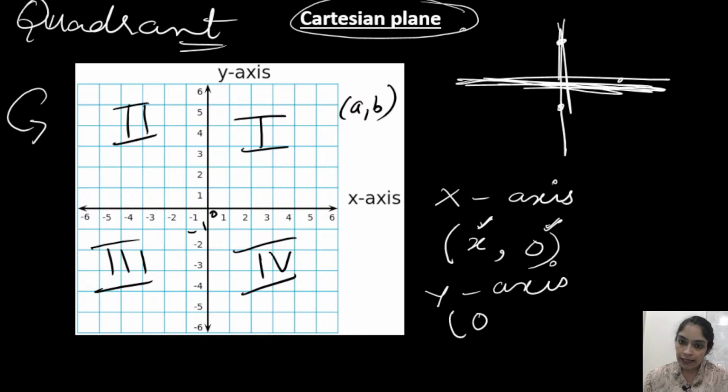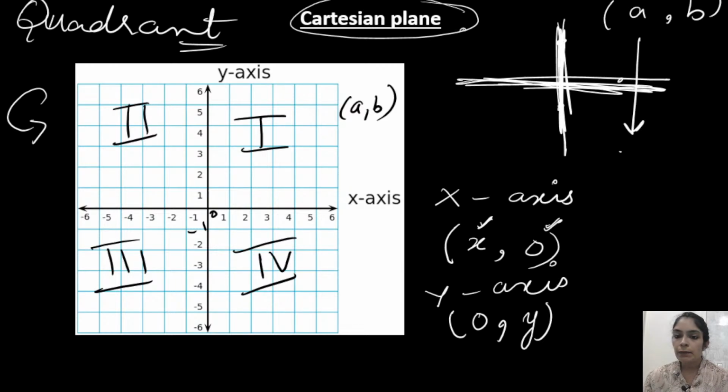That means it's lying on this vertical line. So x will be 0, and y will have some point. And at the starting itself, when I am telling ordered pair a comma b, you have to always remember a is the point along the x-axis and b is the point along the y-axis.